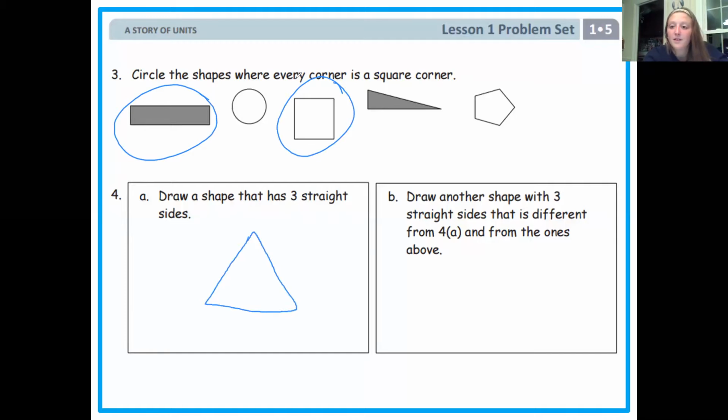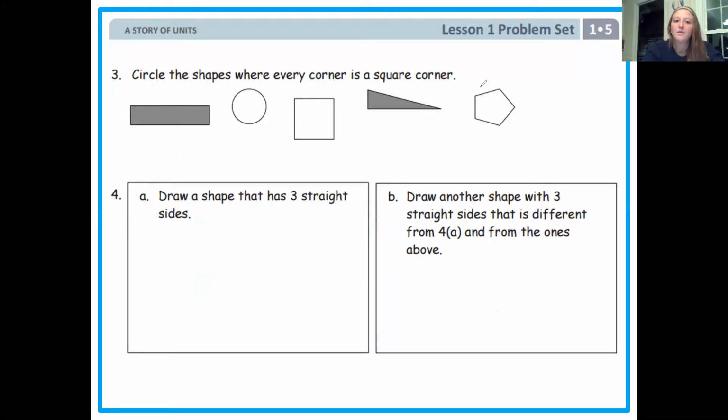And for B, I could have drawn a triangle like this. It's different, it's upside down, it's turned, it's sideways, but they're different, okay? I'm gonna clear this off, and I'm gonna go to the next one.